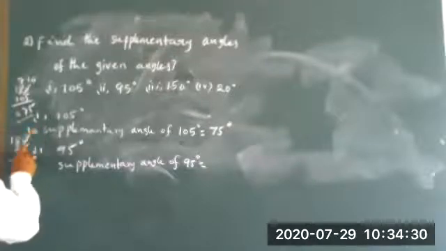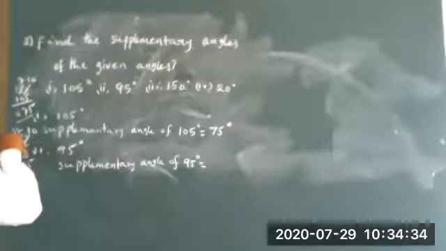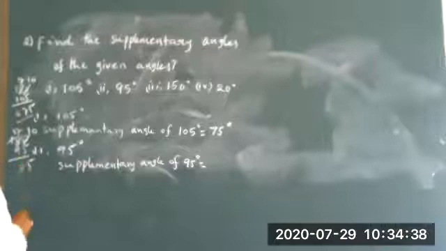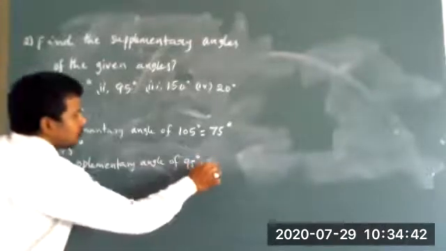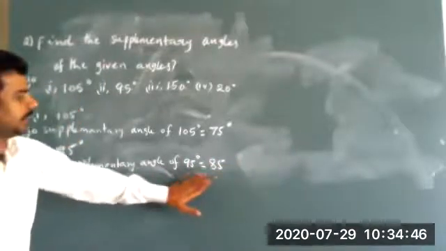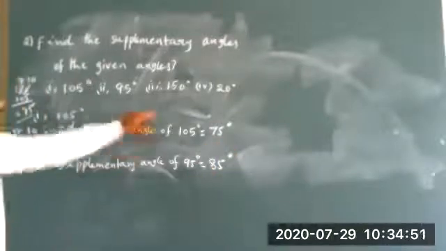Here 10 minus 5 is 5. Here 7 minus 9 is not possible, so borrow: 17 minus 9 is 8. So total how much, children? 85 degrees. The supplementary angle of 95 degrees is 85 degrees.